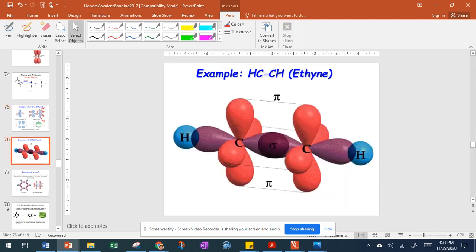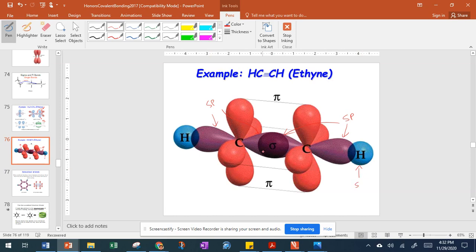Compare this to ethyne, which is C2H2. Here the carbons, these purplish things here, are sp hybrids. And then we have our hydrogens with the s orbitals.